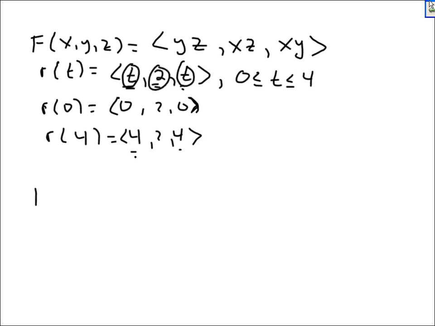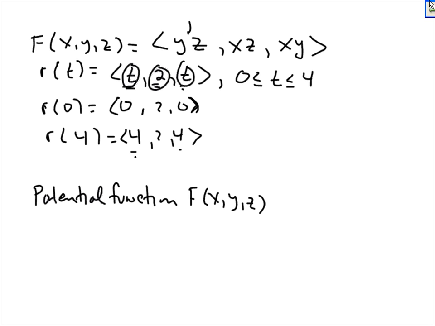Now, what we need to do is find a potential function for f of x, y, z. Now remember, this is fx. So f must be xyz, with the other variables treated as constants.